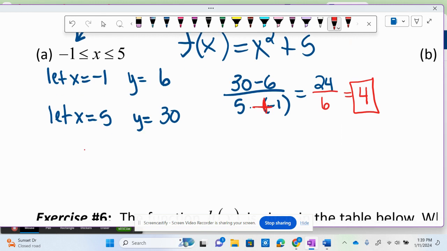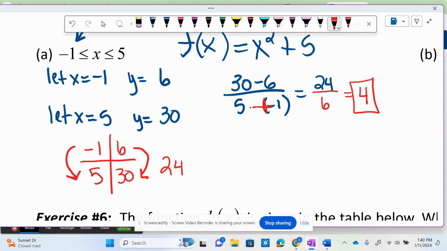I actually like looking at it as a table of values. If you've had me in class before, this is typically how I write it. I say to myself, 6 plus what equals 30? Well, 6 plus 24 equals 30. And then I say negative 1 plus what equals 5.